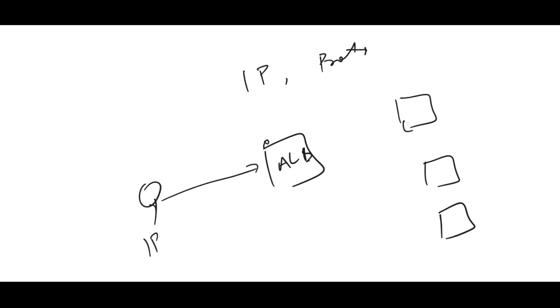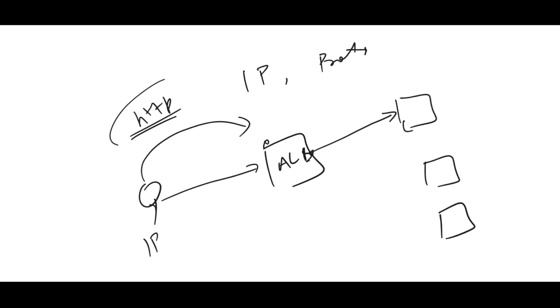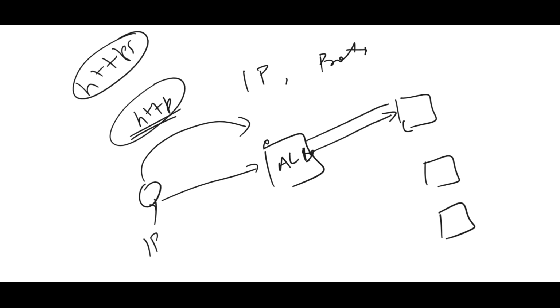Based on that, it will send the request to the backend. For example, let's say the user is accessing HTTP on the load balancer, and it will send this to the first server. If the user tries to use another service, which is HTTPS, this HTTPS also will go to the same server.